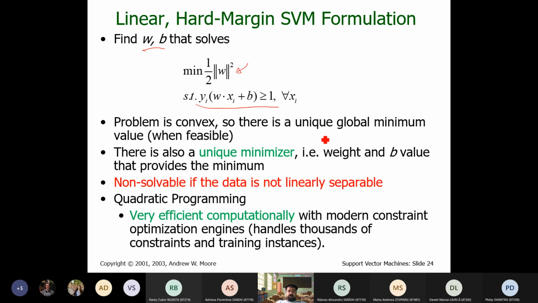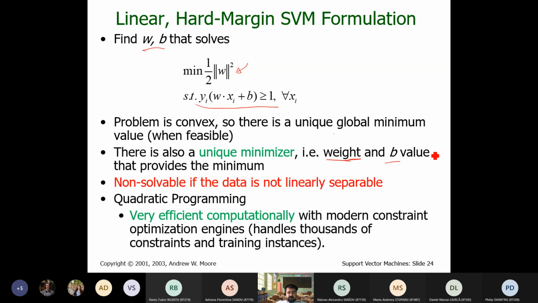There is also a unique minimizer, so the quadratic programming will only give you one solution for the weights and one solution for the b value. The weights will be a vector of values.